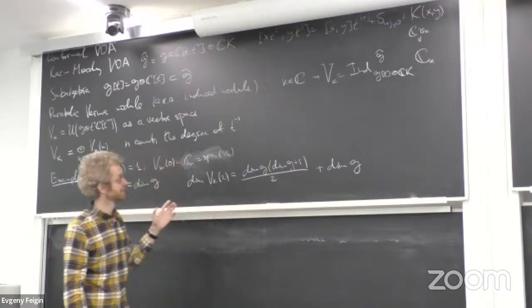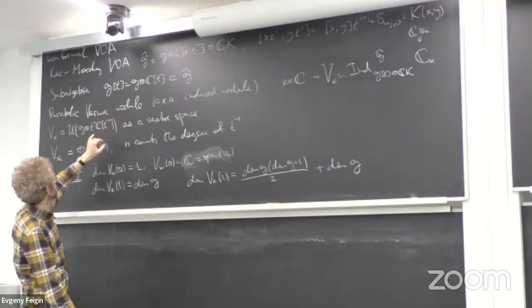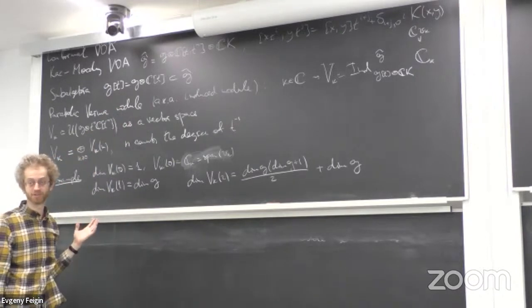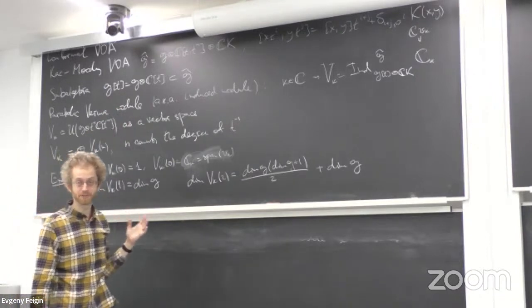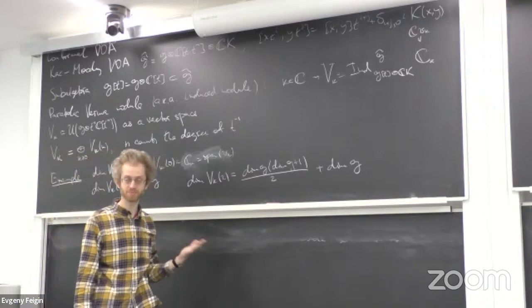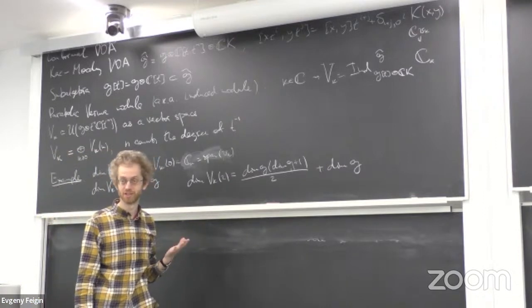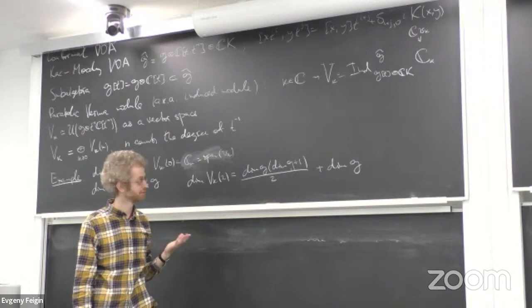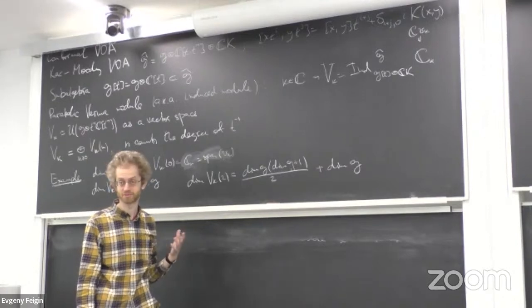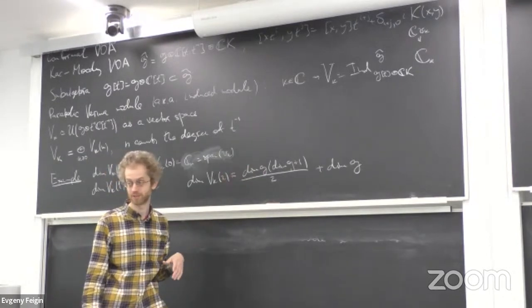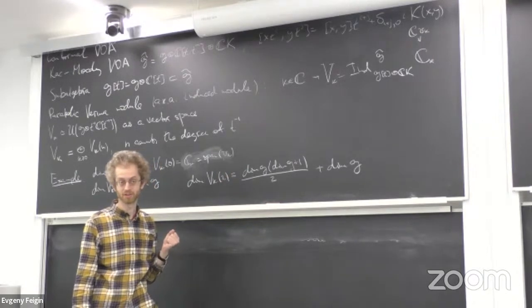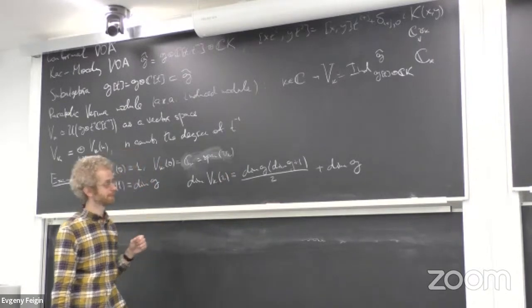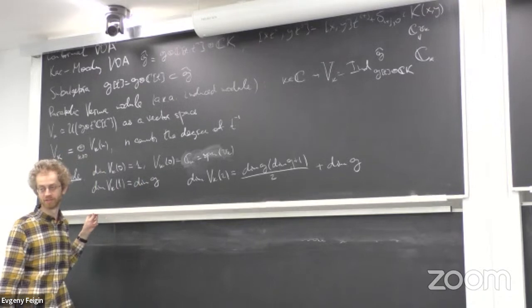Yeah, because the universal enveloping algebra behaves like a symmetric algebra, it's not a skew-symmetric algebra, it's a symmetric algebra. So therefore you can have repetitions, and therefore you have this plus one. Okay. So any questions so far?